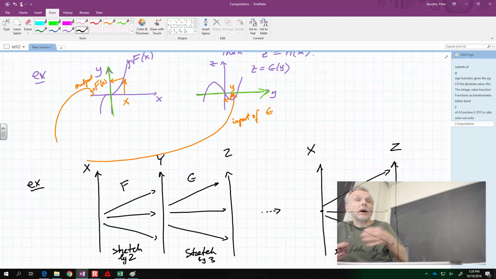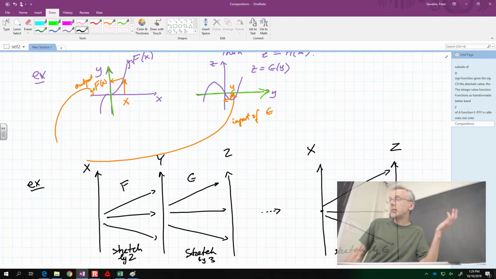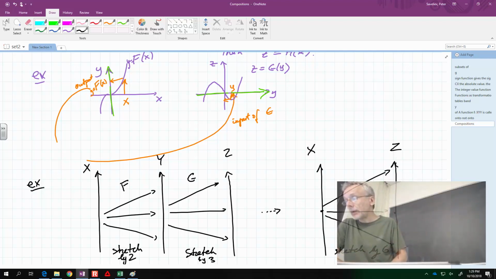So you have an object and a piece of wire, and you're doing things with it, or you need a piece of rubber to stretch it. But all of that can be at least understood, what we have in mind, when it is literally two consecutive transformations carried out in that order. Naturally, in this particular case, the order doesn't matter. If it is by 3, then by 2, or by 2, then by 3, the result will be the same.